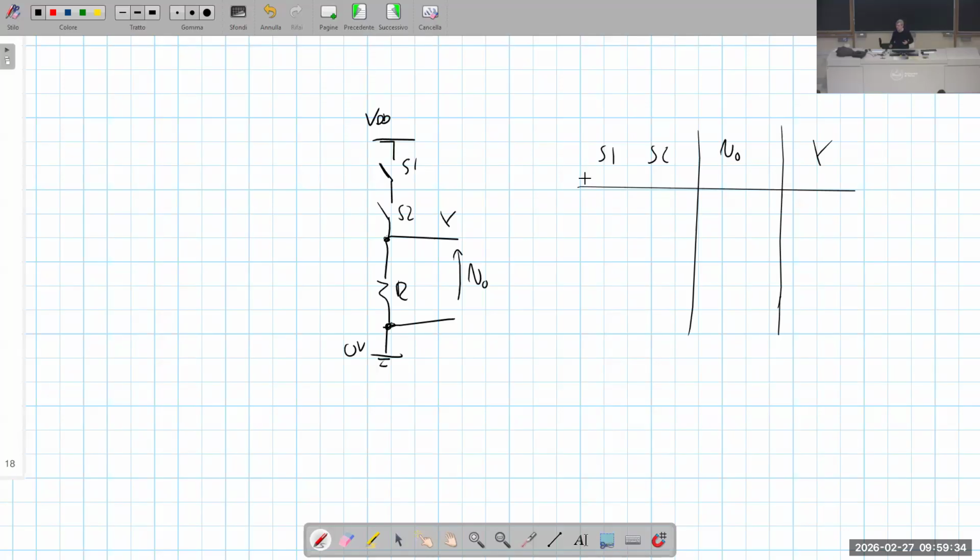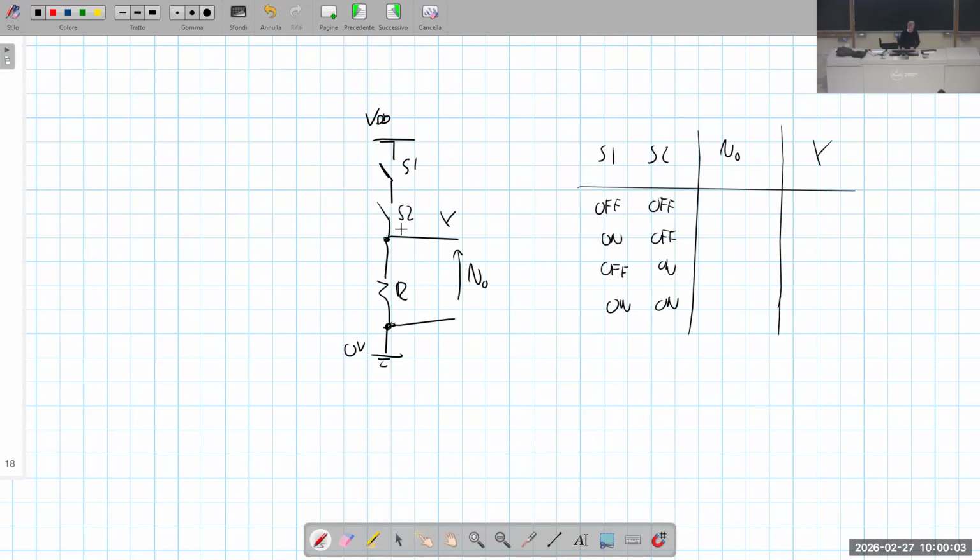Each of them can be either on or off, so we have 4 possible combinations: S1 off and S2 off, S1 on and S2 off, S1 off and S2 on, S1 on and S2 on.